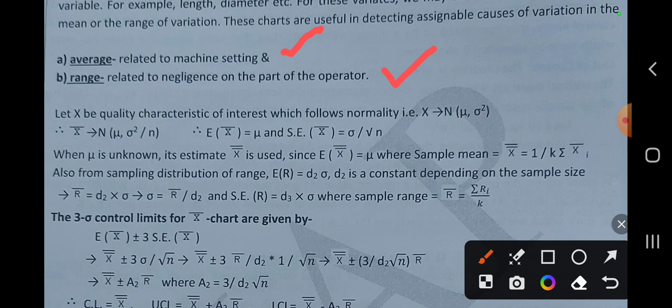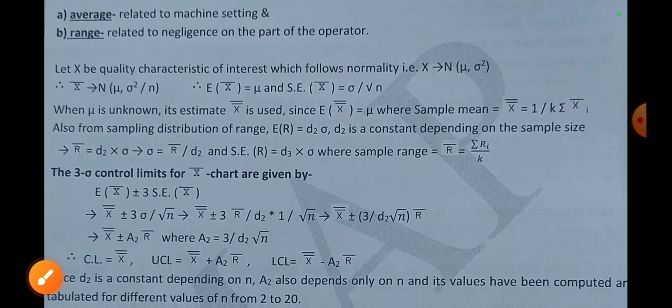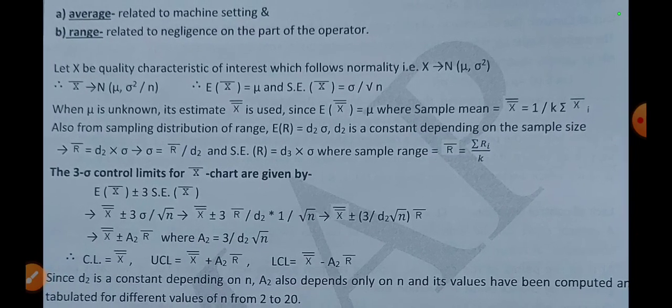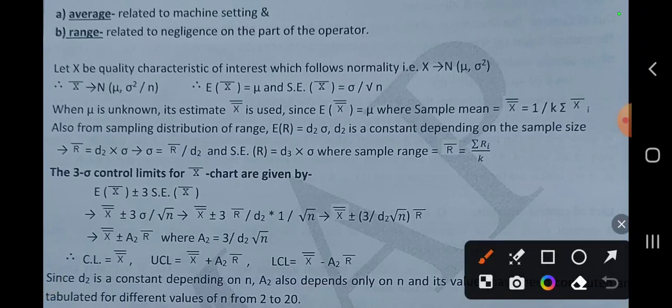So in the control chart for variables, and particularly for the mean chart, first we have to find out the center line, then the upper control limit and the lower control limit. Suppose x is a quality characteristic of interest which follows normality. If x is normal with mean mu and variance sigma square, we know that x bar follows normal with mean mu and variance sigma square upon n.